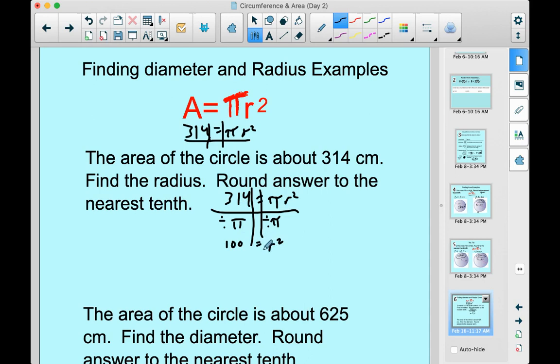To figure out what the radius is, I'm going to undo squaring, which remember is the square root. That's the opposite of squaring. So the square root of 100 is 10. It's working backwards. That would give me a radius of 10. Right? 10 squared is 100. 100 times 3.14 gives me the 314.